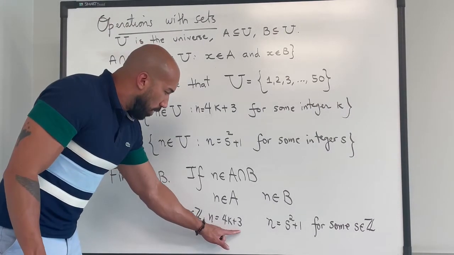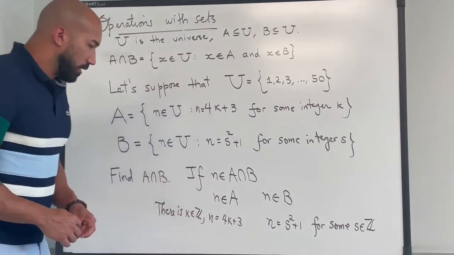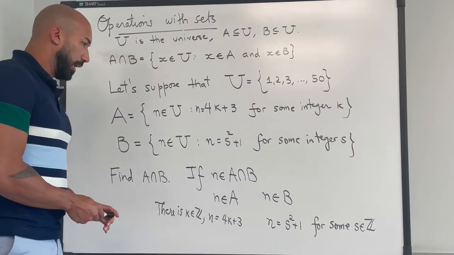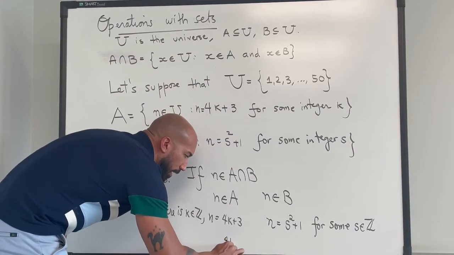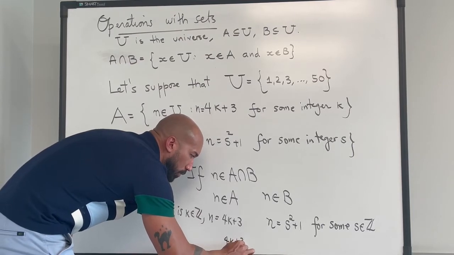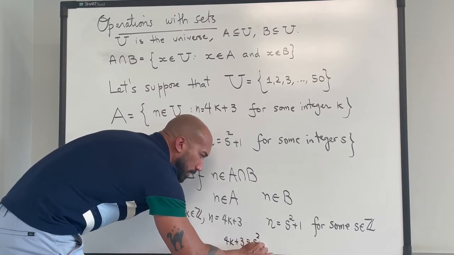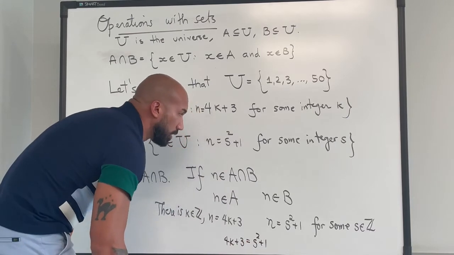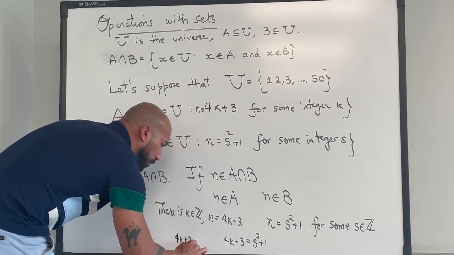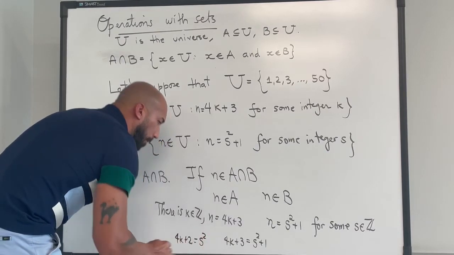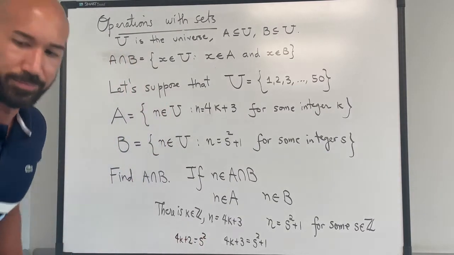But if n is equal to 4k plus 3 and n is equal to s squared plus 1, we can say that 4k plus 3 is equal to s squared plus 1, which is telling us that 4k plus 2 is equal to s squared. Okay?